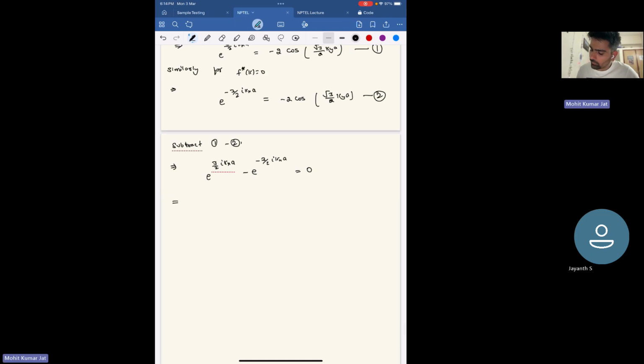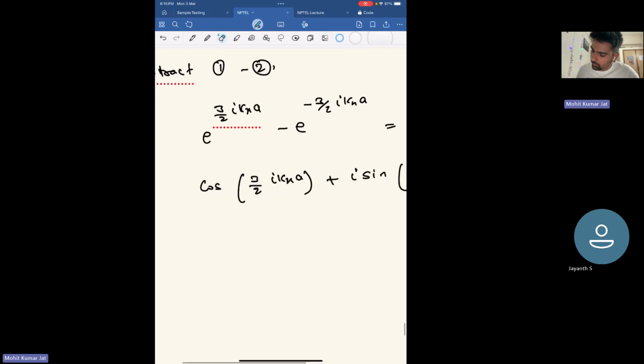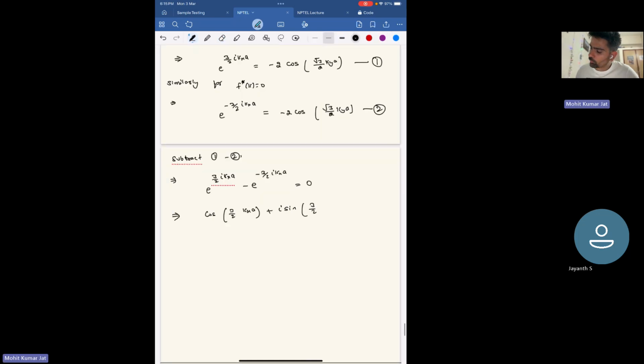We know that the real and imaginary parts both have to be 0. e to the power i kx can be written as cos kx plus i sine kx.